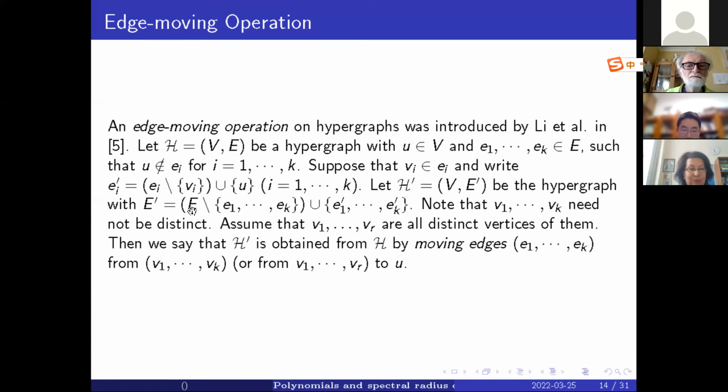E prime is obtained from the edge set E by replacing K edges E1 up to EK by the K new edges E1 prime up to EK prime. Then we say H prime is obtained from H by moving edges E1, E2 up to EK from these vertices V1 up to VK to vertex U.